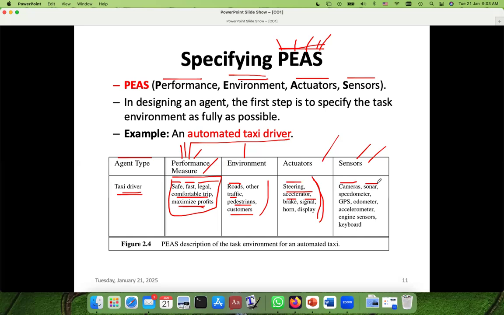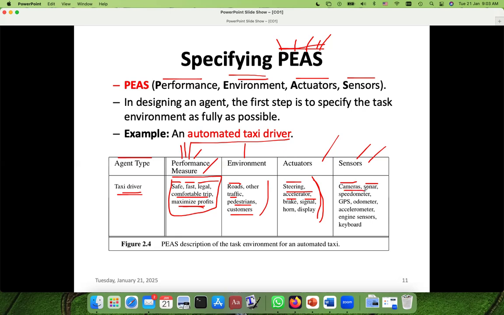There are sensors normally on the bumpers of the vehicle. They can detect the distance between the taxi and the next object. Okay, so that is called sonar. Normally in the rear bumper, when you drive back your car, and if there is an object behind, then you will start hearing a sound inside, tin tin tin tin, like that. So that sonar sensor is working there.